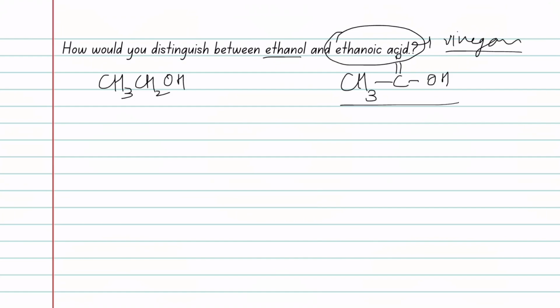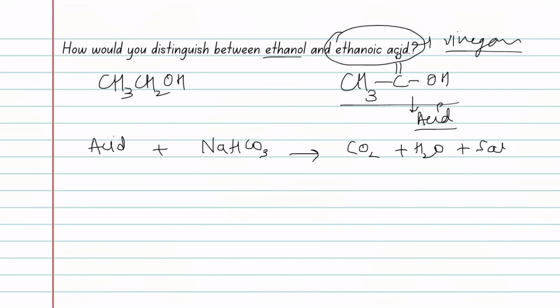Then the test is very simple. One of them is an acid, right? And we know that when an acid reacts with a metal carbonate or hydrogen carbonate, it gives off carbon dioxide, water and a salt of that acid, right?